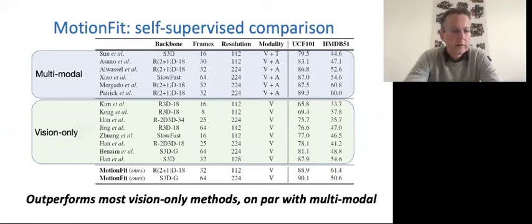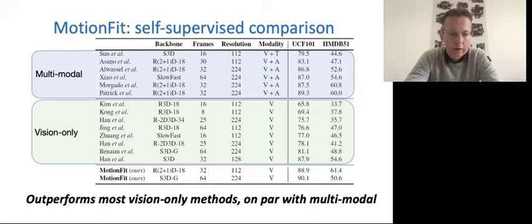Here's another comparison against self-supervised work, where we compare against multimodal and vision-only self-supervised approaches. On the top are the multimodal works, and in the green box, the vision-only approaches. And what you can see is that MotionFit, even when using exactly the same backbone, number of frames and resolution, outperforms most vision-only methods.